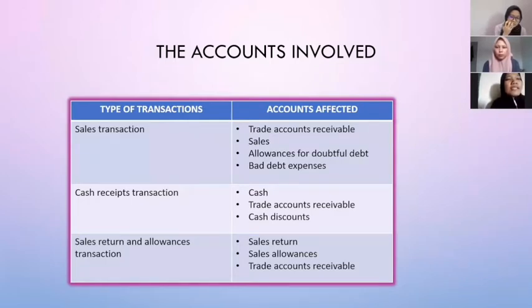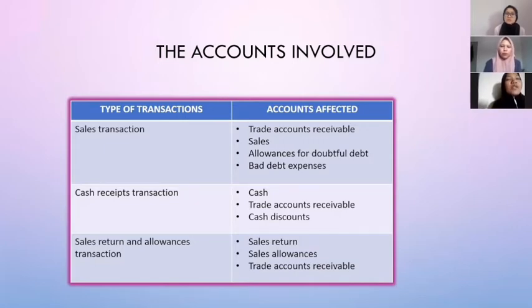Secondly, cash receipts transactions. The accounts affected are cash, trade accounts receivable, and cash discount. And finally, sales returns and allowances transactions, which will affect sales return, sales allowance, and trade accounts receivable.